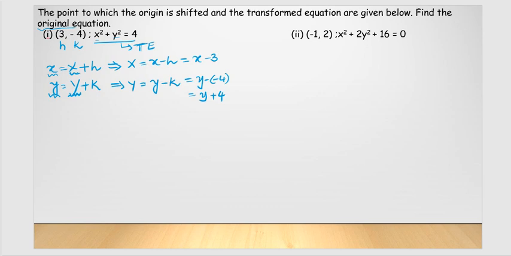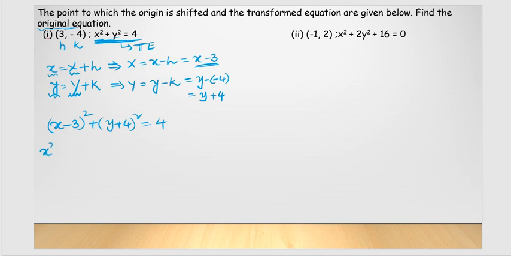Since I need the original equation, I need to replace these capital X and capital Y with small x and small y. So he has given capital X and capital Y here. On replacing these values, what am I going to get? Small x minus 3 whole square plus small y plus 4 whole square is equal to 4.